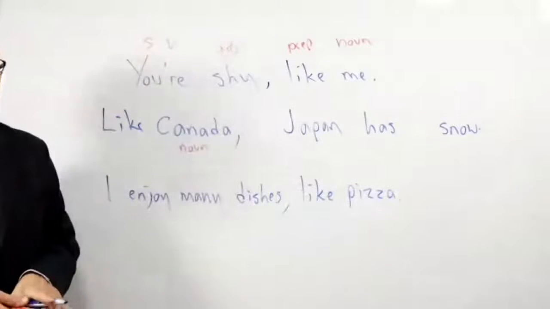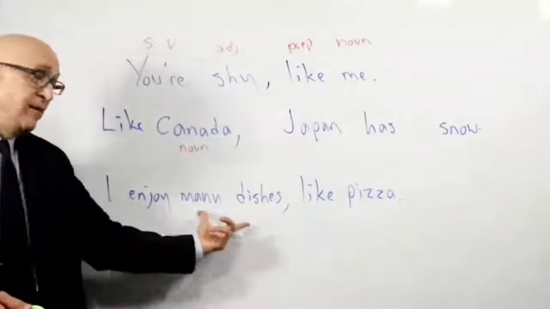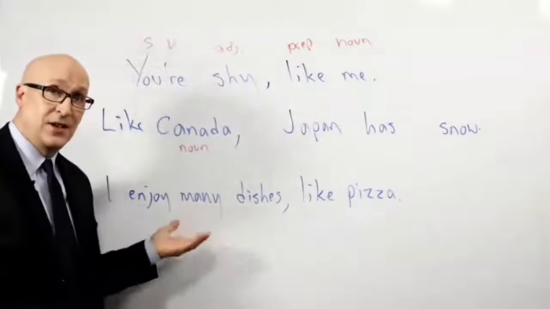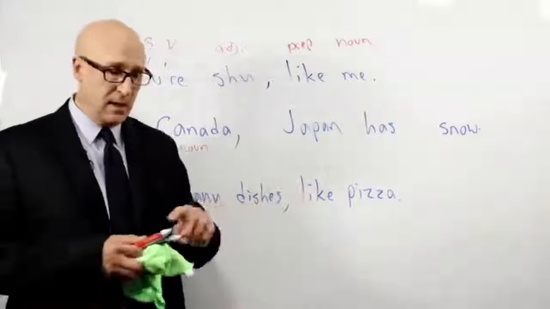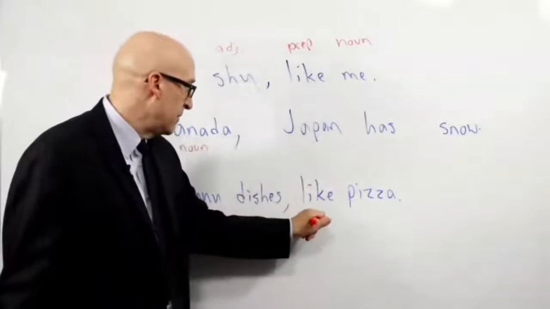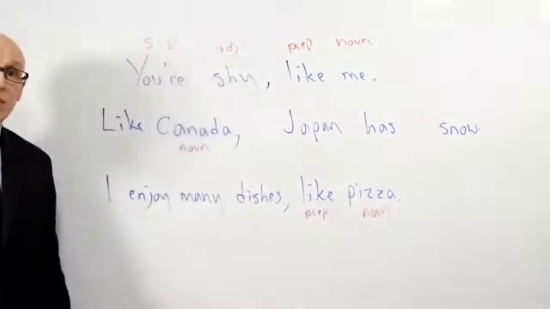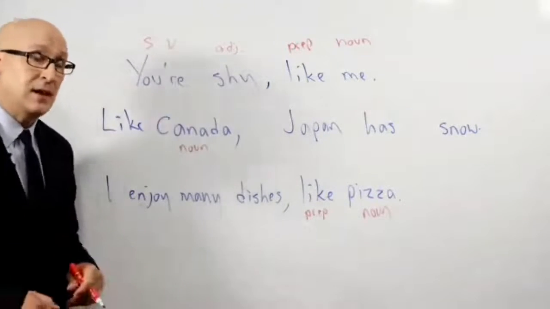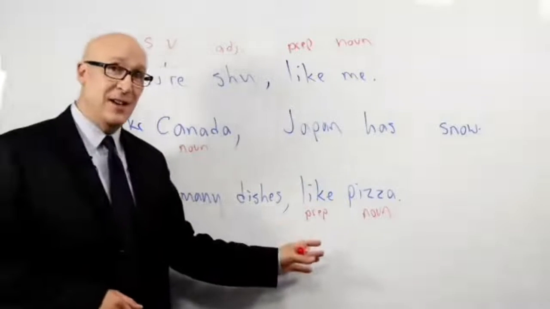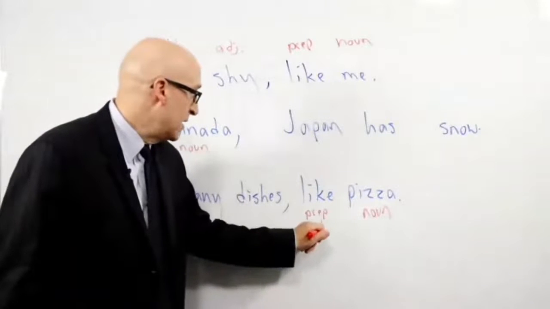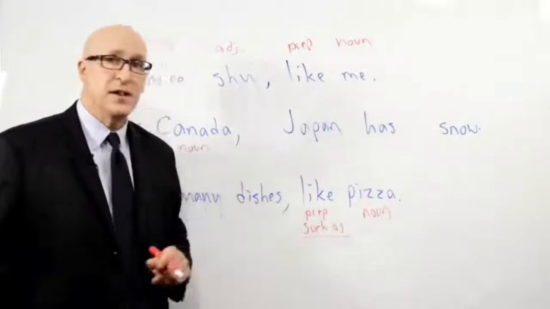That's a good way of introducing an example. An example of many dishes. I enjoy many dishes, like pizza. Well, that's following our structure, isn't it? Prep, followed by the noun. That works. I enjoy many dishes, like pizza. Now you can use as here if you said such as to introduce an example.